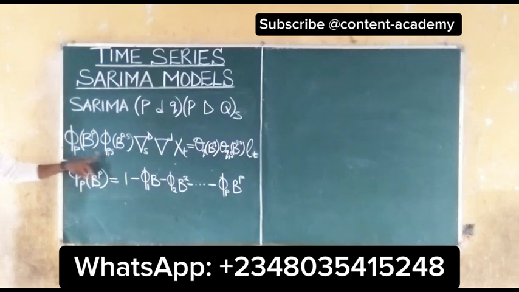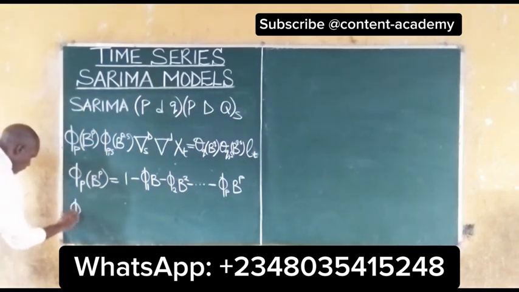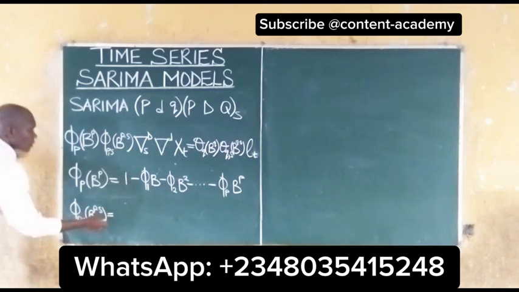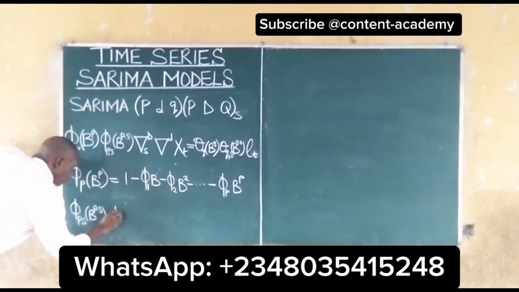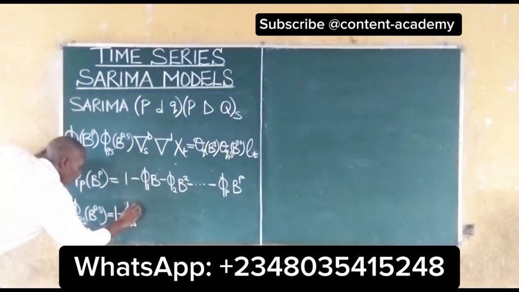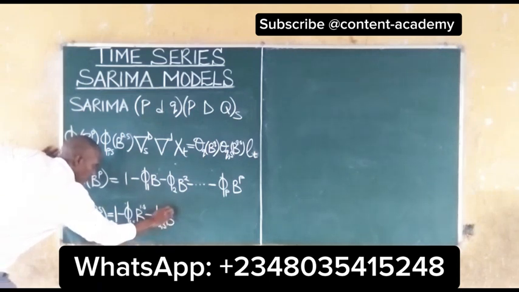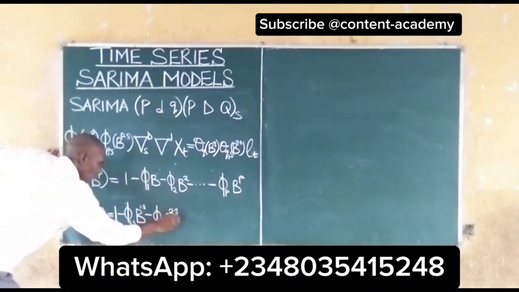Now, the seasonal part of it, phi P,S of B to the power P multiplied by S, is computed as 1 minus phi 1,S B to the power 1 multiplied by S, minus phi 2,S B to the power 2 multiplied by S, which is 2S.